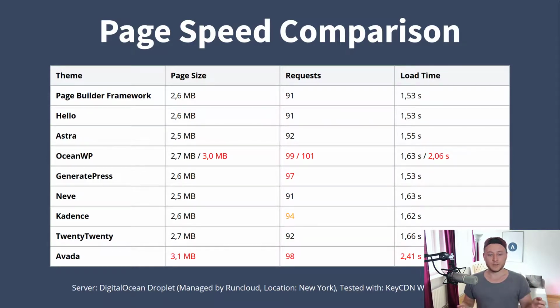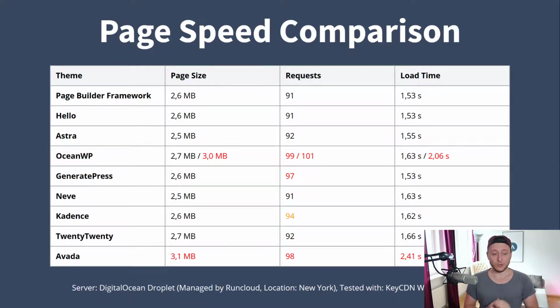GeneratePress does make 6 more requests here, which are handled fine if you're using HTTP2. Honestly, the requests column is the only one that I would really take into consideration here if I was making a choice for what theme I would pick.